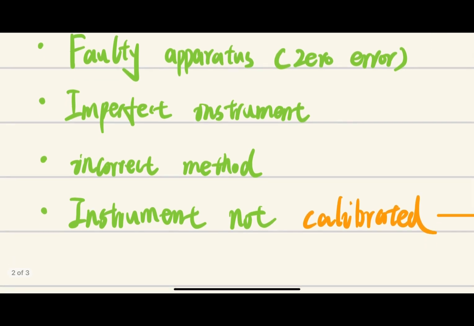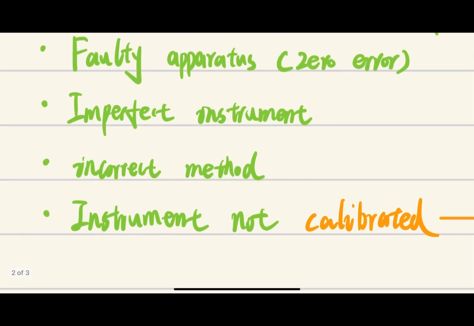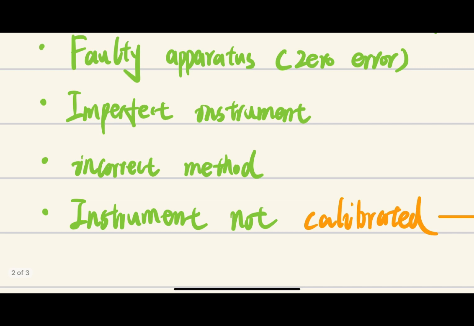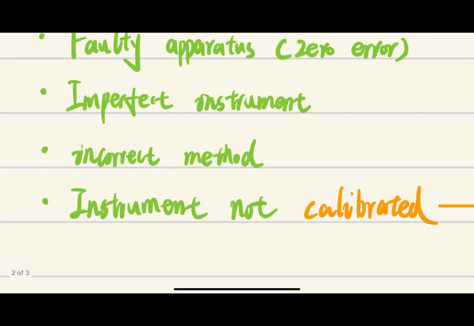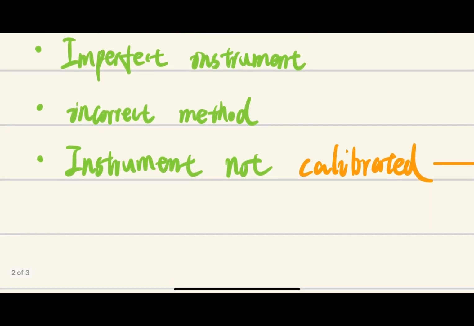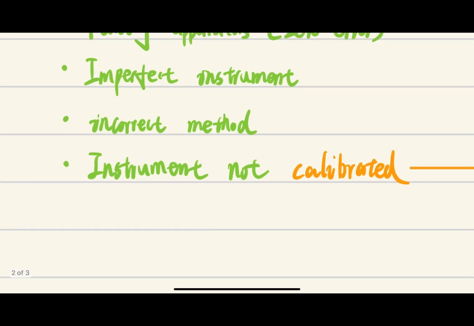And then the next one, the incorrect methods, which means that the method that you are using when you're measuring the values is incorrect, and there are a lot of mistakes included in your method. And then the last one, a really classic one, is the instruments not being calibrated.